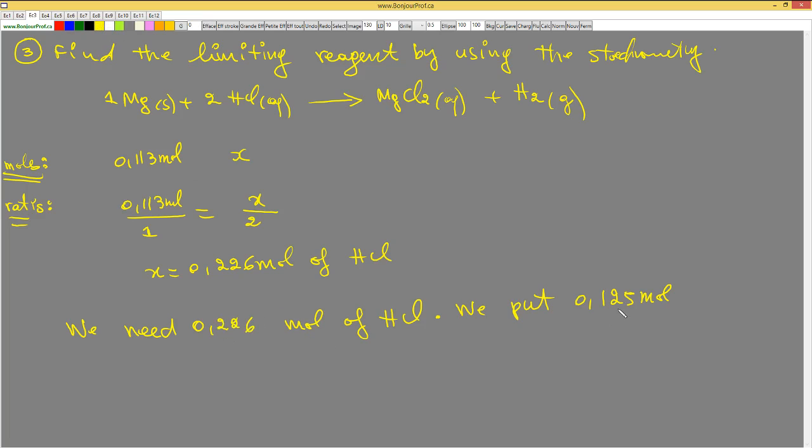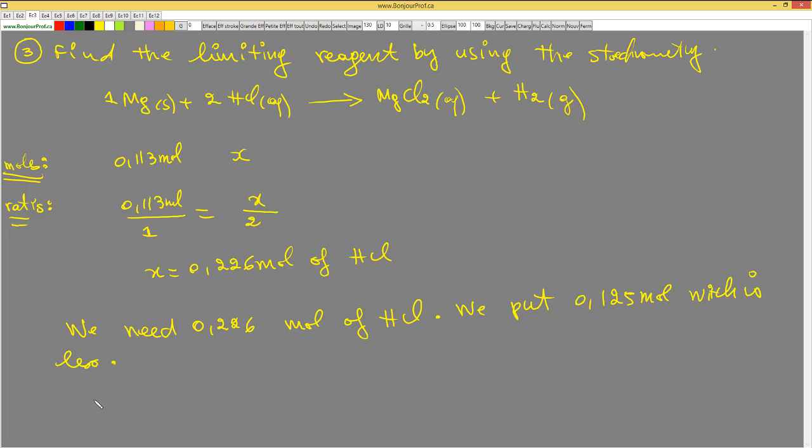We need 0.226, we put 0.125. Did we put more than we need or less than we need? We put less. That means that HCl is the limiting reagent. If we put more, it is Mg that will be limiting. So which is less than we need? This is less.